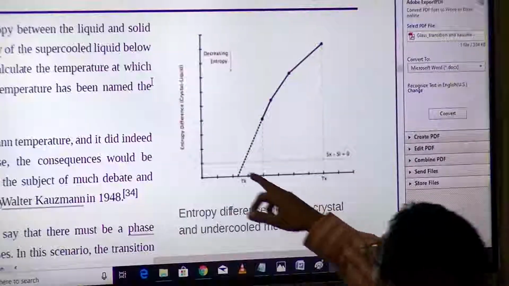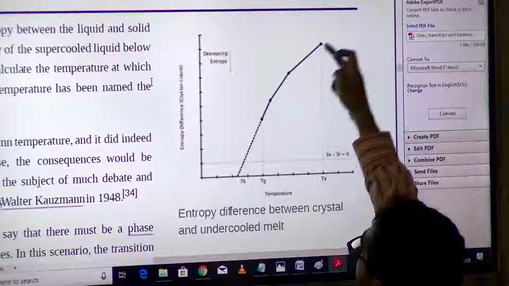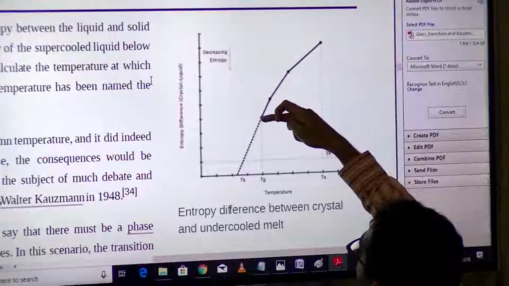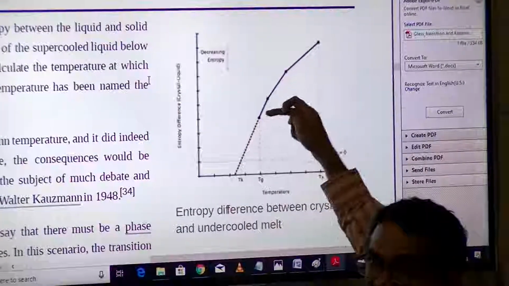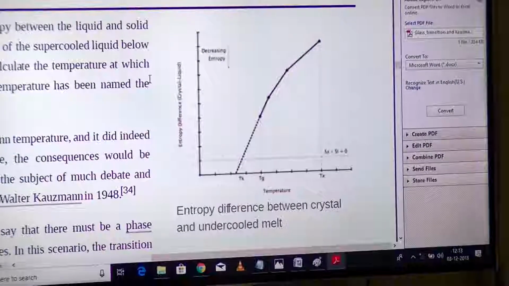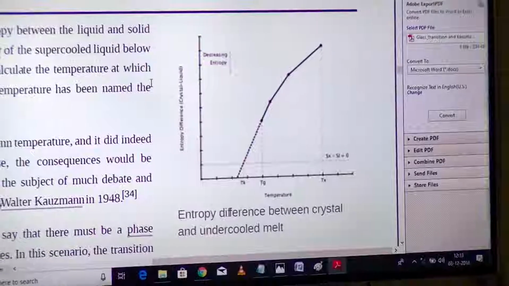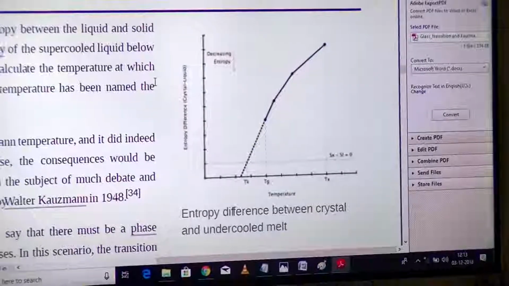So, the entropy difference is crystal minus liquid. This is sort of Sx minus Sl. If this region just does not exist, it cannot exist. Why does it not exist? Yeah, can you just try that? That is right. You can actually do that. Yes, can you try that?